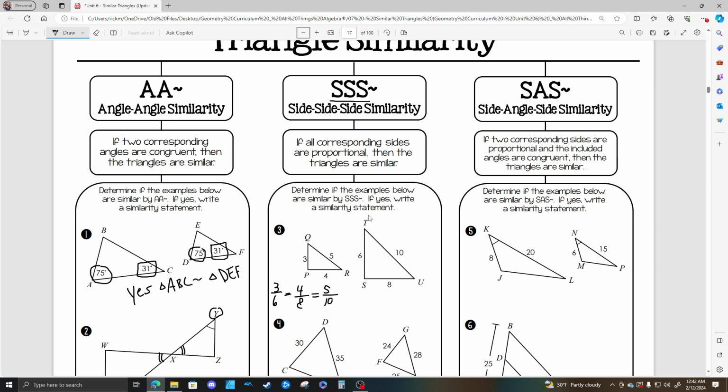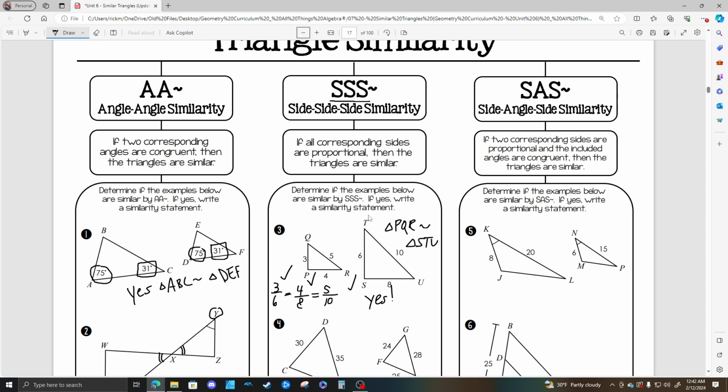Well, 3/6 is 1/2, 4/8 is 1/2, and 5/10 is also 1/2. So this is good. All of the sides are proportional. Therefore, yes, we do have similar triangles, and I'm going to say triangle PQR is similar to triangle STU.